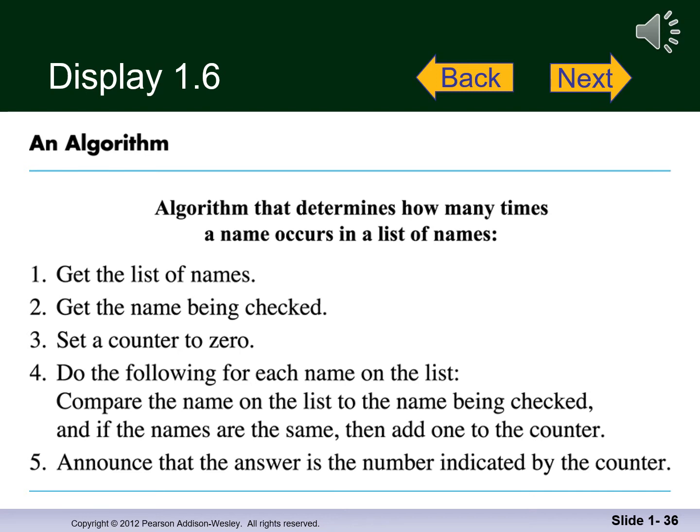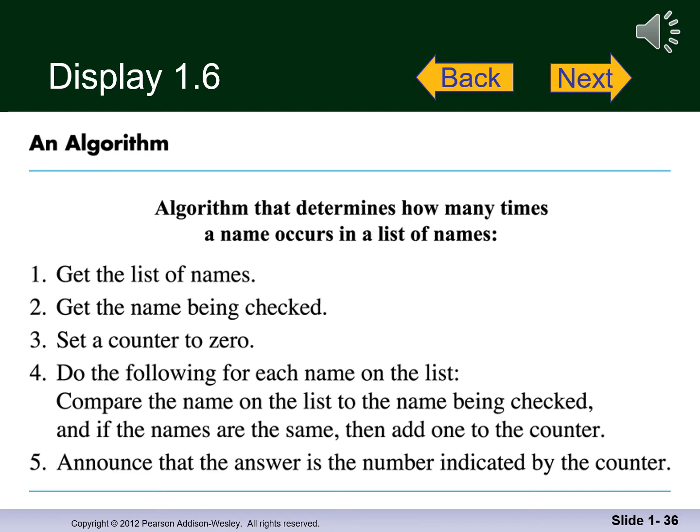Now remember, computers are very fast. So this sounds very easy, but what if the list has 7,283,362 names? No big deal. A computer will handle that in less than a second. Announce that the answer is the number indicated by the counter. So that list gets input to the computer very quickly. Maybe it's in a file, maybe it's in a database.